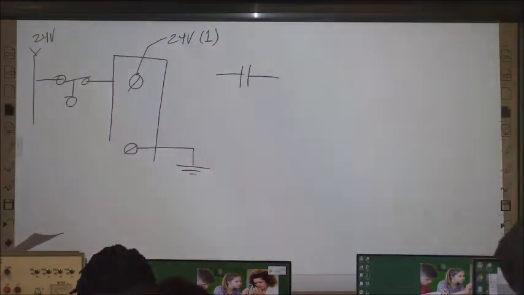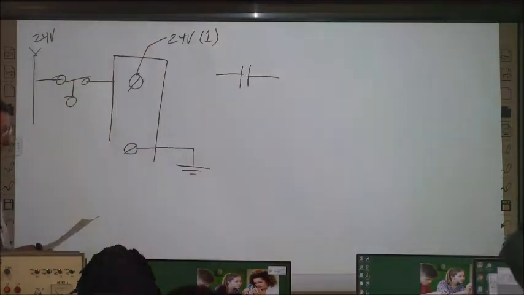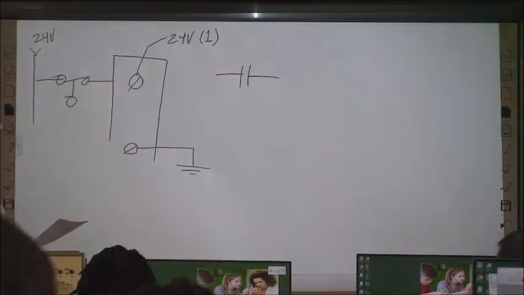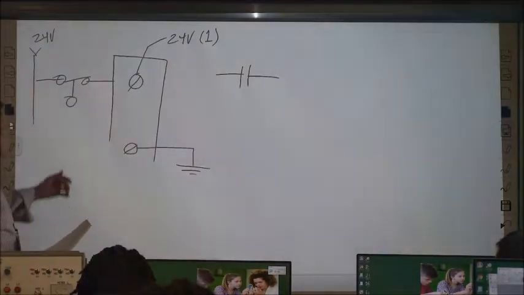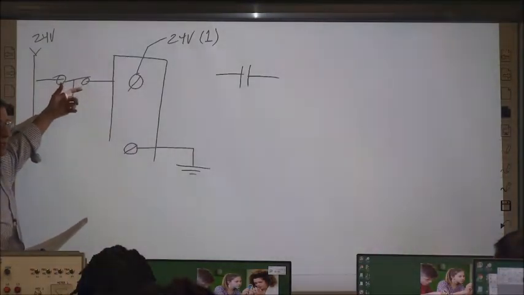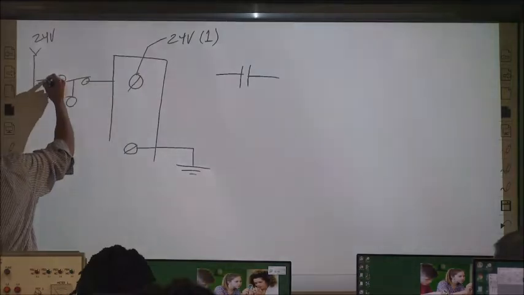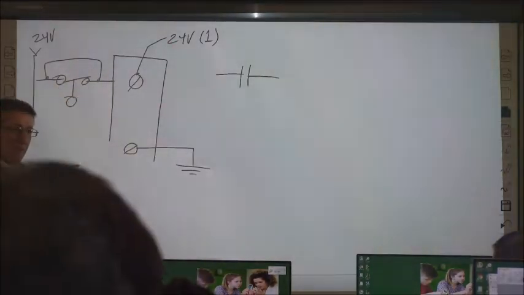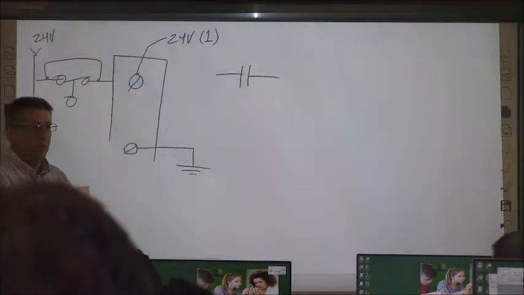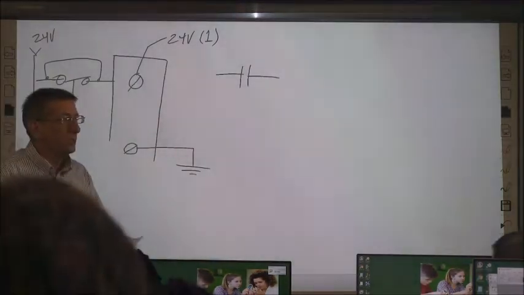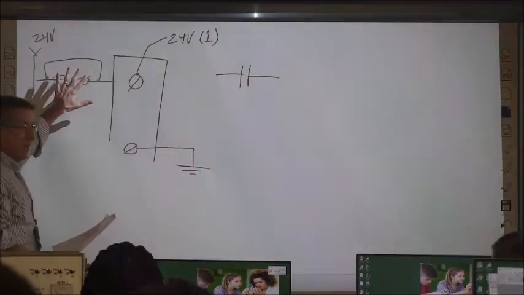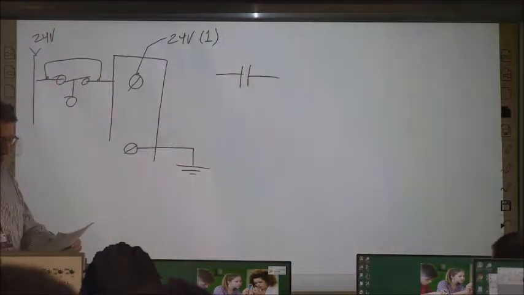B, the float switch has gone bad and is shorted. Does B make sense at all? The float switch is already closed, right? If it's shorted, that means the contacts welded themselves together or something. So we already have that as it is.